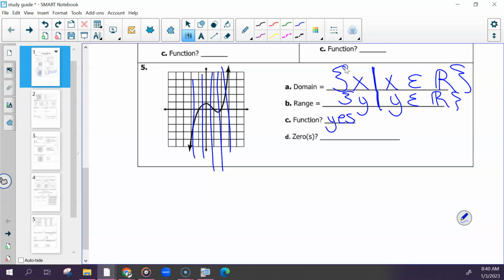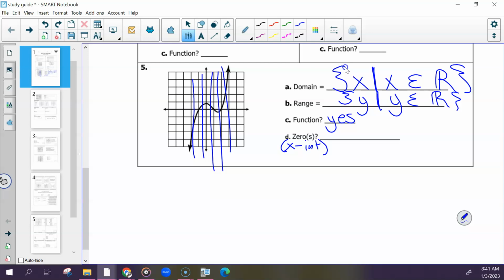Do we remember what we're looking for if we're asked to find a zero? An intercept, which one? X or Y? Not Y. So zeros are x-intercepts.